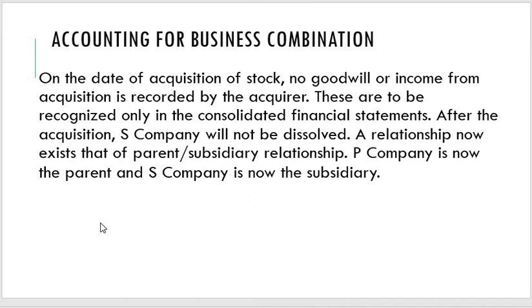So the goodwill or gain will never be reported in the separate financial statements of the parent or the acquirer. After the acquisition, S Company will not be dissolved, unlike with a merger where the acquiree is dissolved. So, a parent-subsidiary relationship now exists between the acquirer and the acquiree. So, P Company is now the parent and S Company is now the subsidiary.